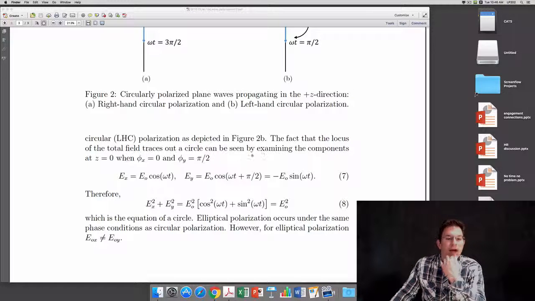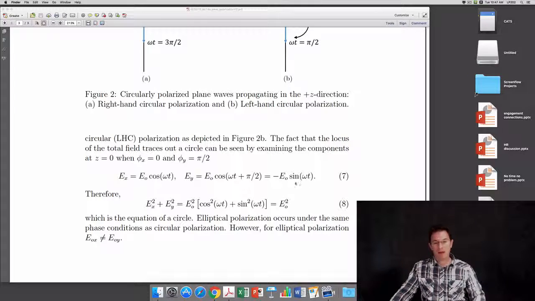Okay, in that case, again, we have this expression for the x component of the electric field and then this expression for the y component of the electric field. And it turns out that cosine of omega t plus pi over 2 is equal to sine of omega t. All right. So the y component is equal to minus the amplitude times sine of omega t.